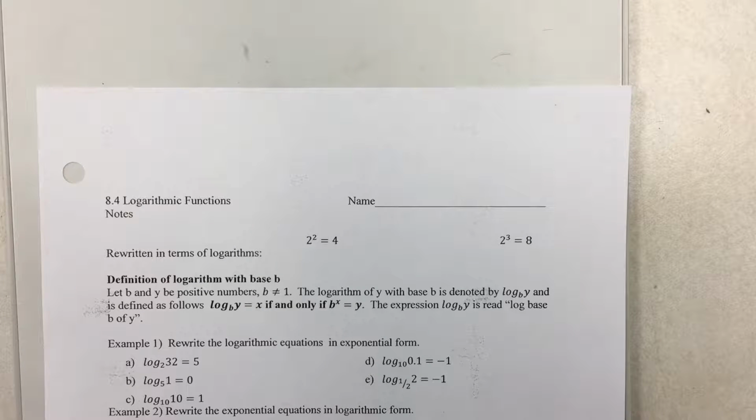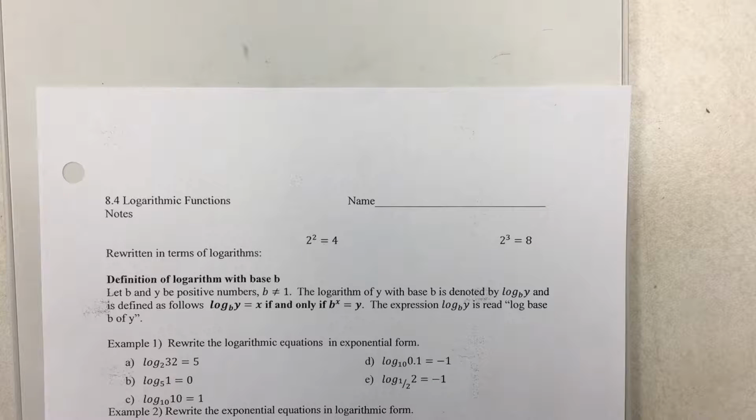Now we enter into logarithms, and the logarithms are what help us find that missing exponent. So now if we're looking for how much time, if we're looking for an exponent, we no longer have to pull out our calculator and do a bunch of guess and check. We can use a logarithm in order to help us solve for that missing exponent.